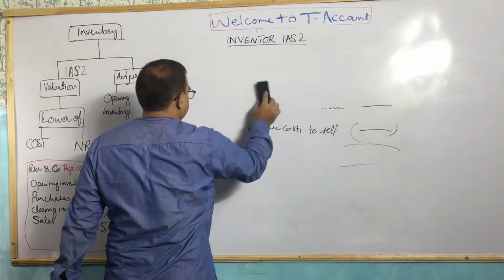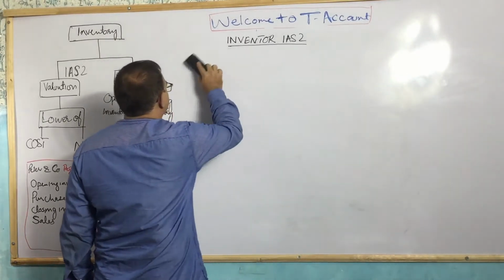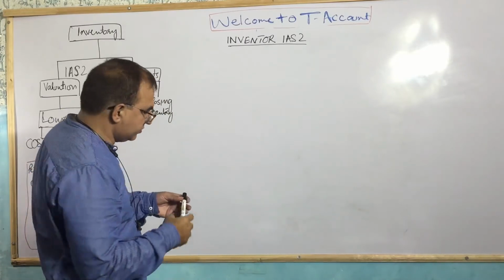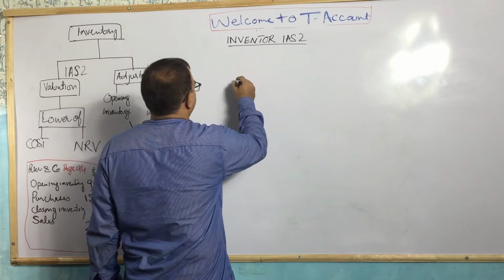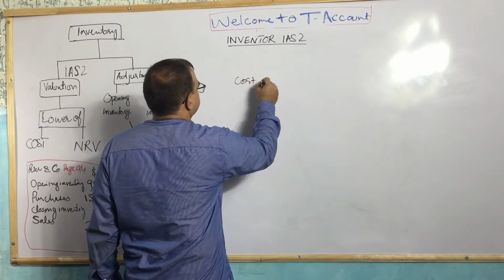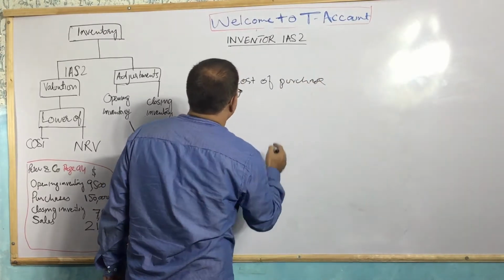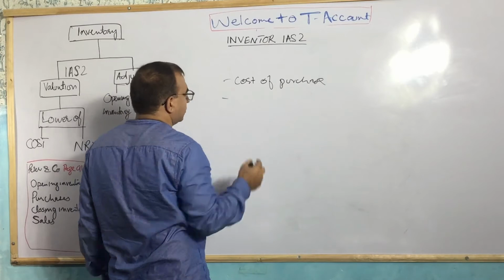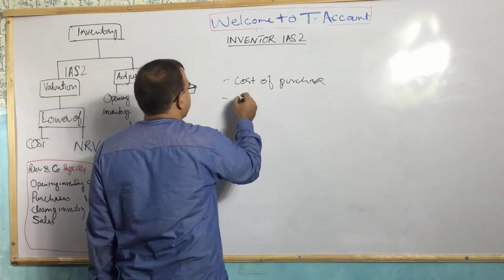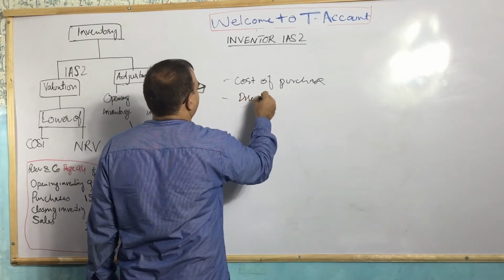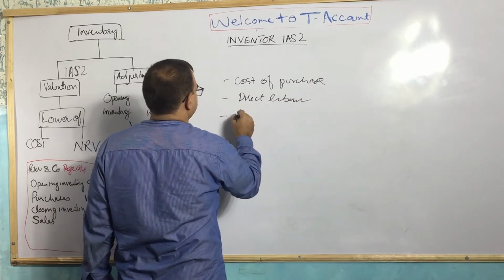Whereas cost is concerned, the standard gives all this detail and it is written in the book. In cost you can add the cost of purchase of inventory. Then if you are a manufacturer, you may have direct labor, direct material.